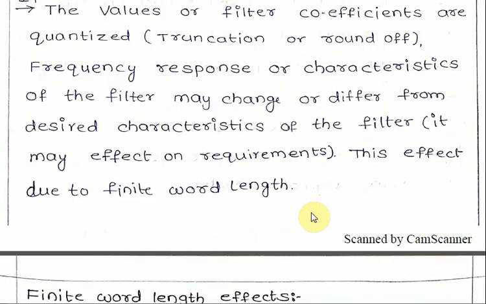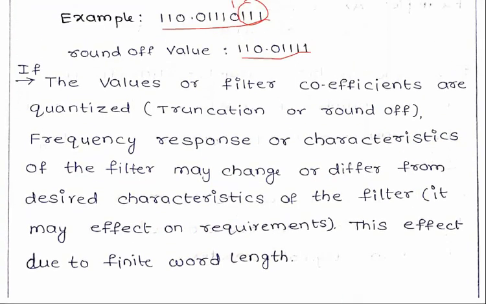To store in a finite word length register, the values of DFT or filter coefficients are quantized, that is nothing but truncation or round of the value. Frequency response characteristics of the filter may change from desired characteristics of the filter, because if this is a coefficient of filter, we are rounding up this value like this.